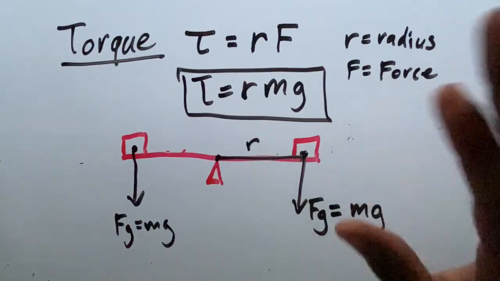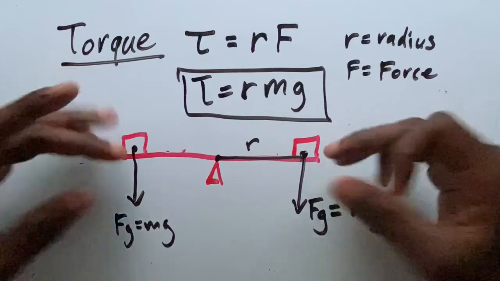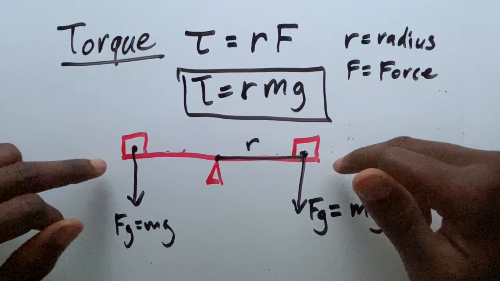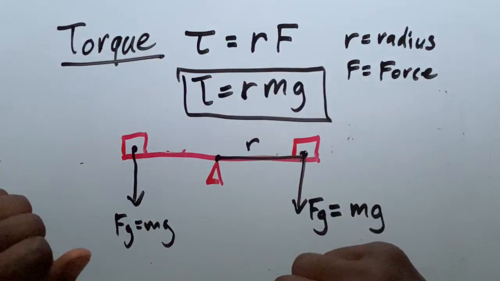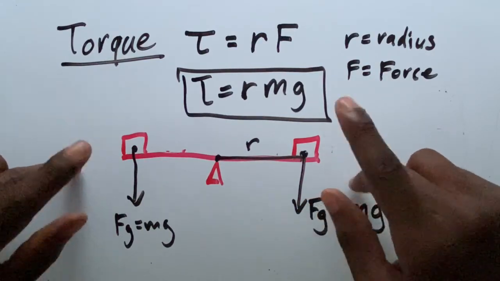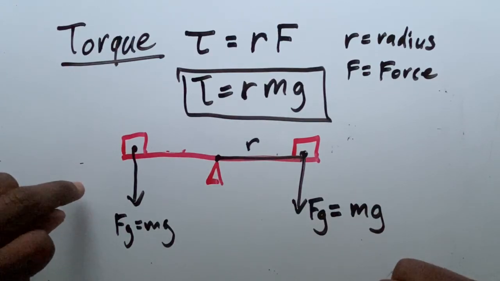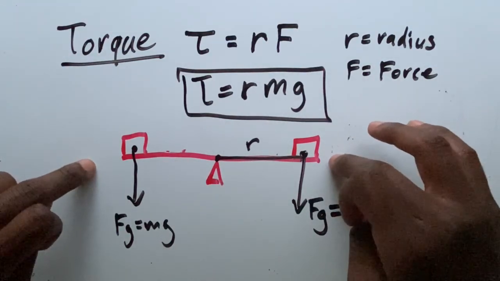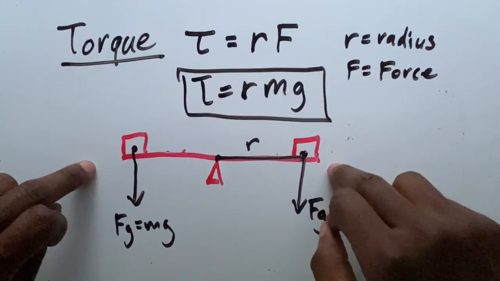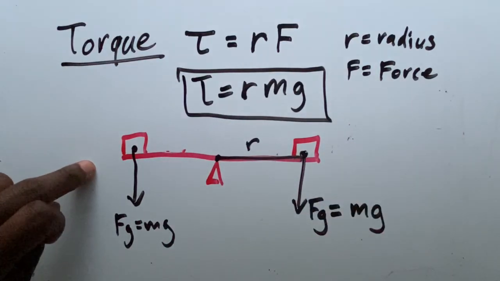So now, since both of these blocks are on here and the seesaw isn't moving, the seesaw is in equilibrium, right? So that means the sum of the forces for this seesaw is equal to 0. But in this case, since there's torques, or T for torques, happening on this seesaw, the sum of the torques is equal to 0.